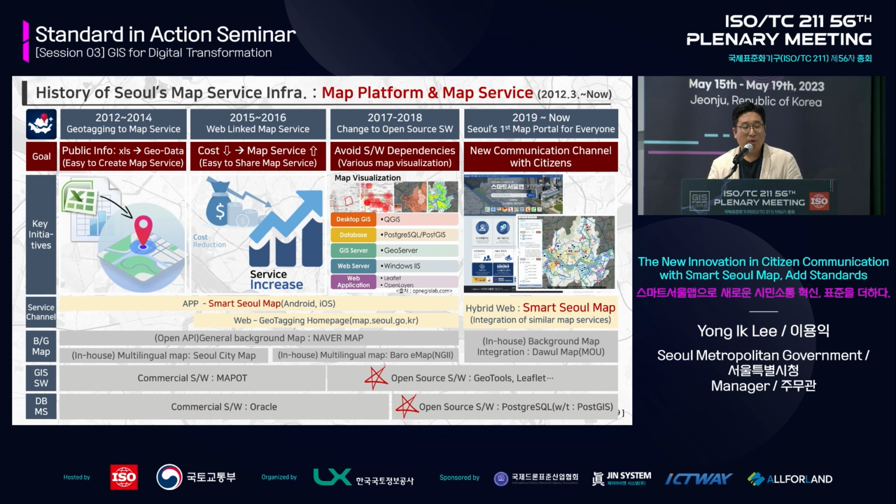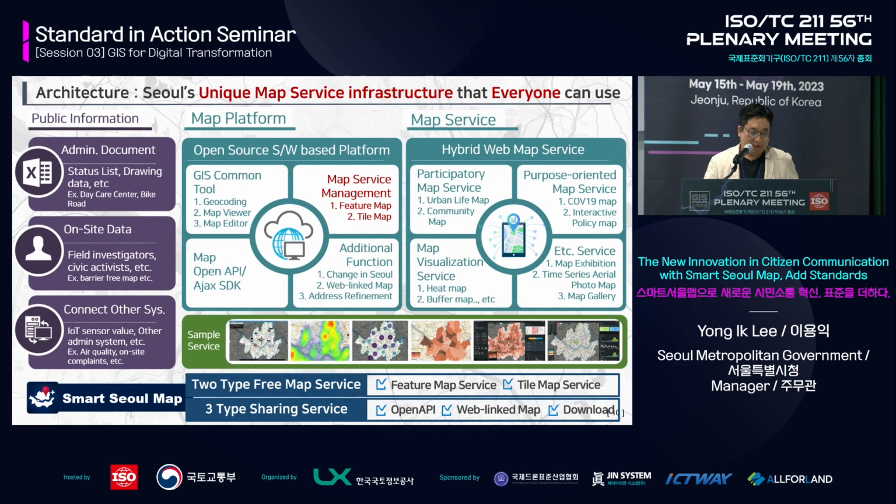Afterwards, we added the visualization and digital transformation. Now we're at a stage where we are expanding the realm of service to our users. On the left side, you will see the target for our map service. And on the right side, you will see the map services that we provide.